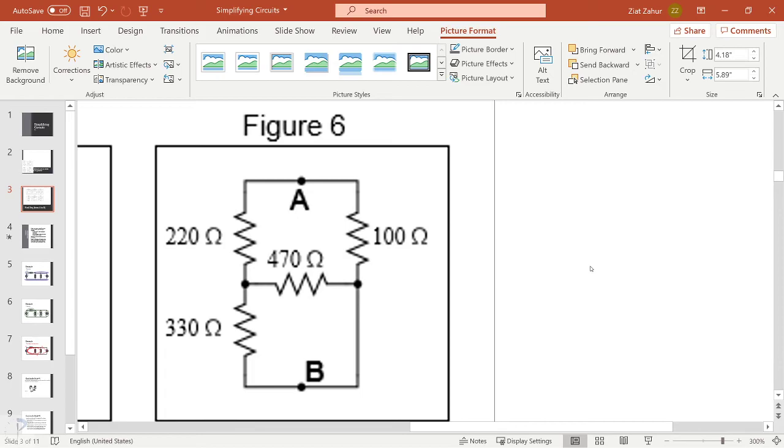The current is coming into junction A, and then it splits up, and then it comes out of junction B. Identify your nodes. If you can find nodes, squish them into a point.